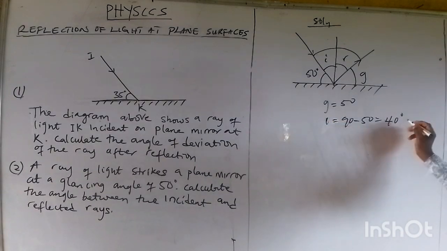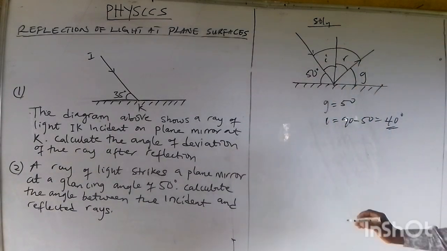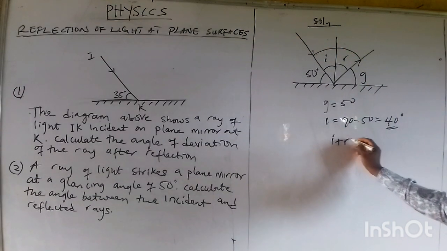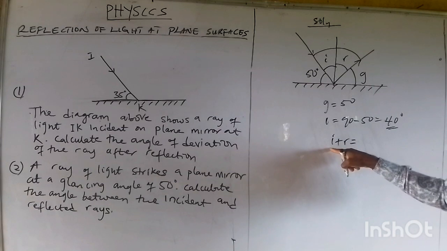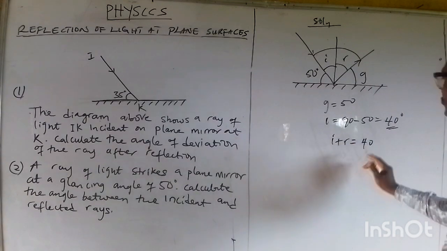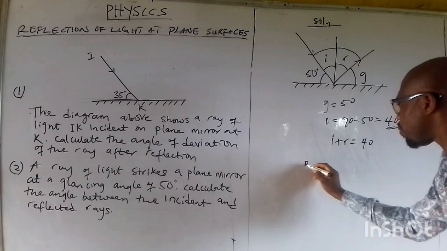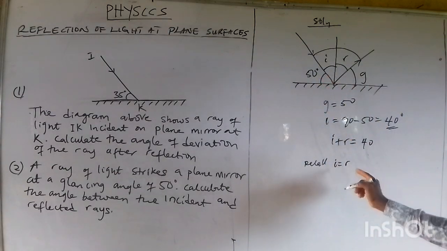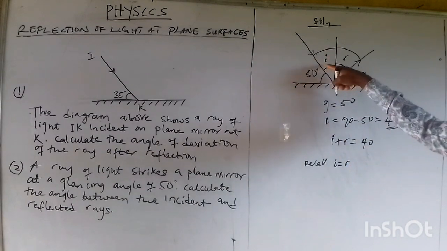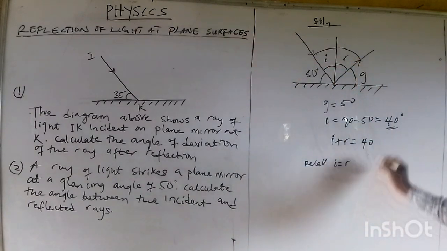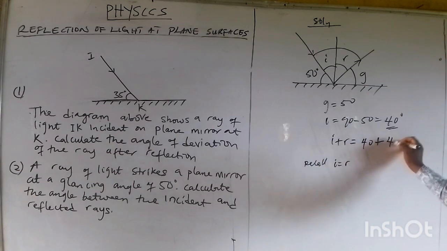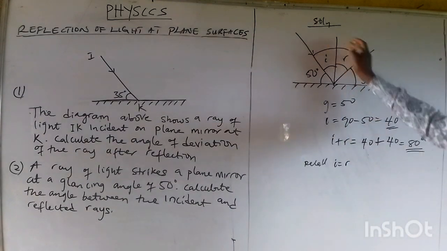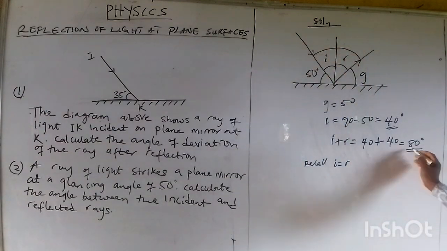Now, having gotten our I to be 40 degrees, we can say that I plus R, recall that from the second law of reflection, I is equal to R. Because of that, since I is 40, R must be 40 degrees. So we have 40 plus 40, which will give us 80 degrees. So the angle between here and here is 80 degrees.